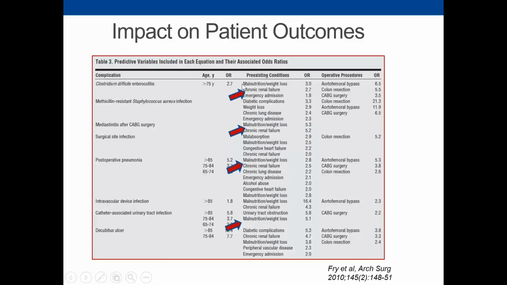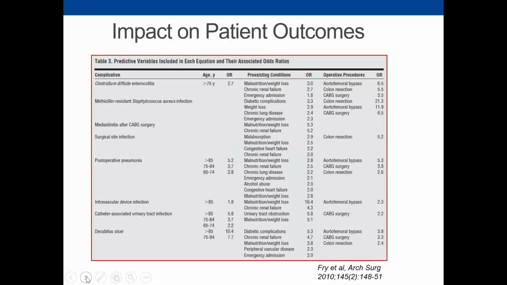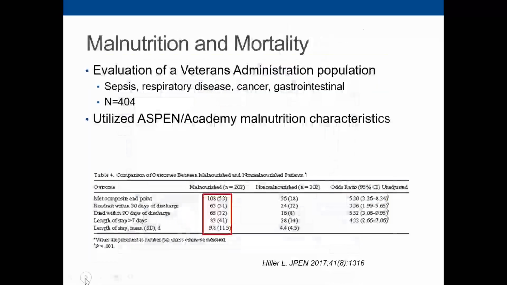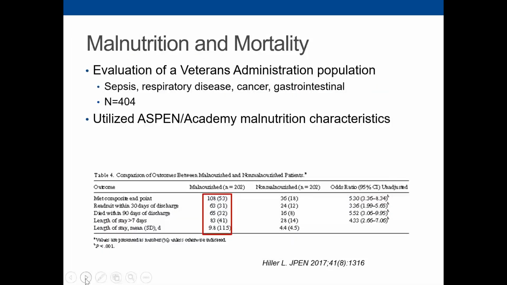So if an individual was malnourished, they were 2.5 times more likely to develop a C. difficile infection compared to those that did not have malnutrition. And so these authors concluded that weight loss and/or malnutrition significantly increase risk of all of these complications. So I think this really shows us that being malnourished certainly increases our risk of developing problems.